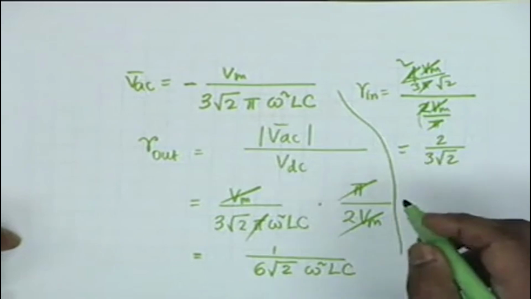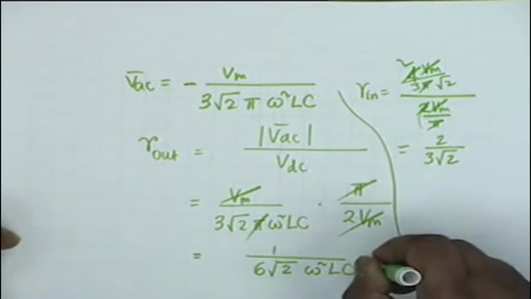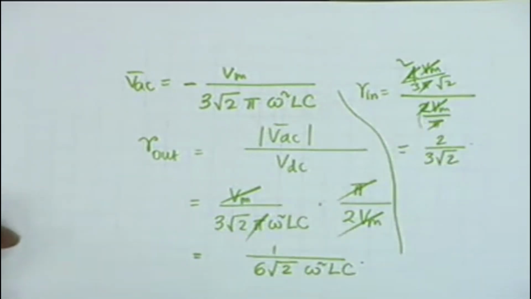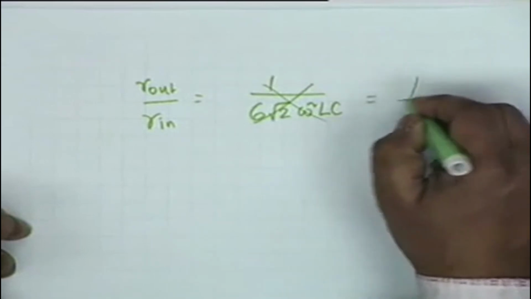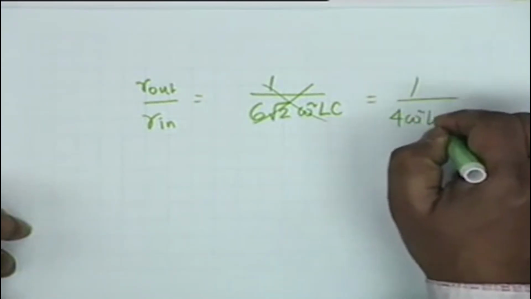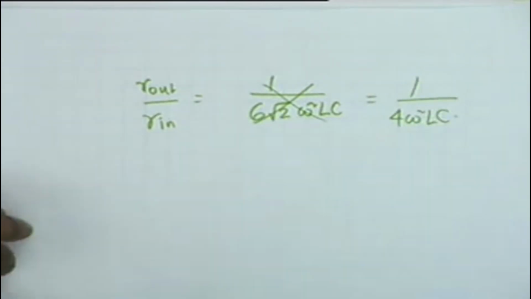What I want to do now is to compare the output ripple factor to the input ripple factor, which gives 1 by 4 omega squared LC. That's quite correct.